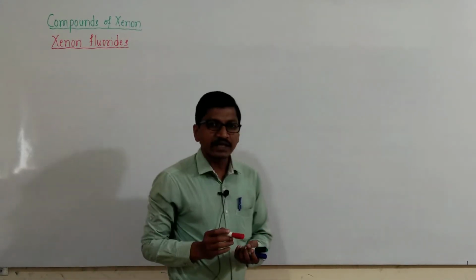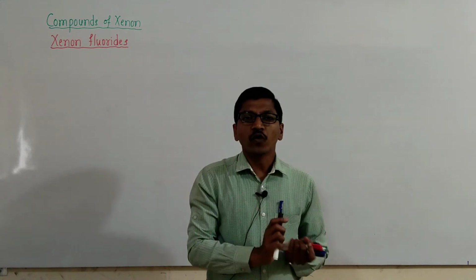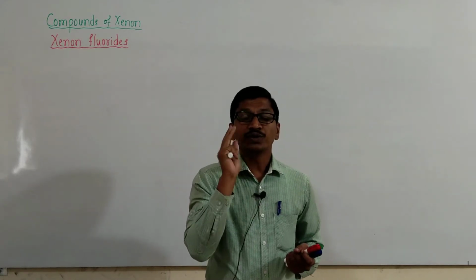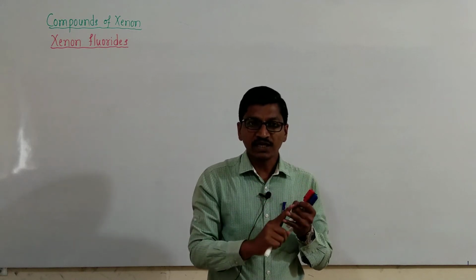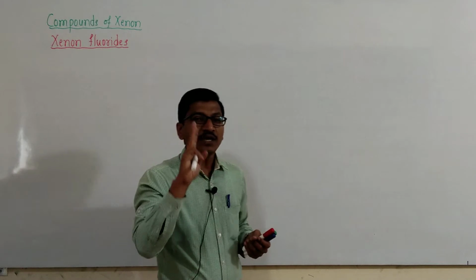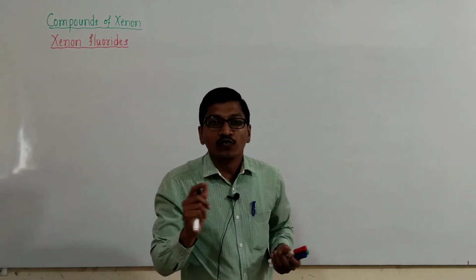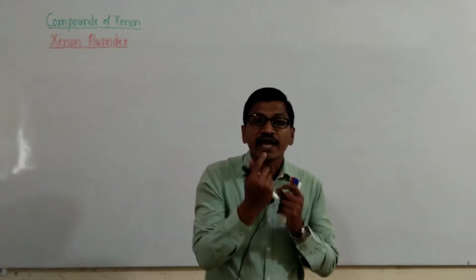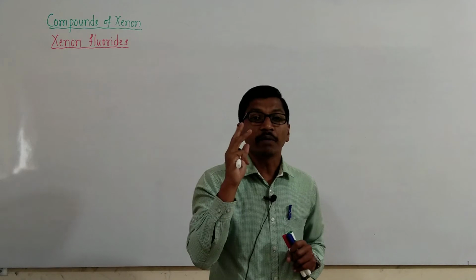Xenon directly reacts with different amounts of fluorine and forms 3 binary fluorides such as XeF2, XeF4 and XeF6. These 3 binary fluorides are formed with direct reaction with xenon and different amounts of fluorine under suitable condition.